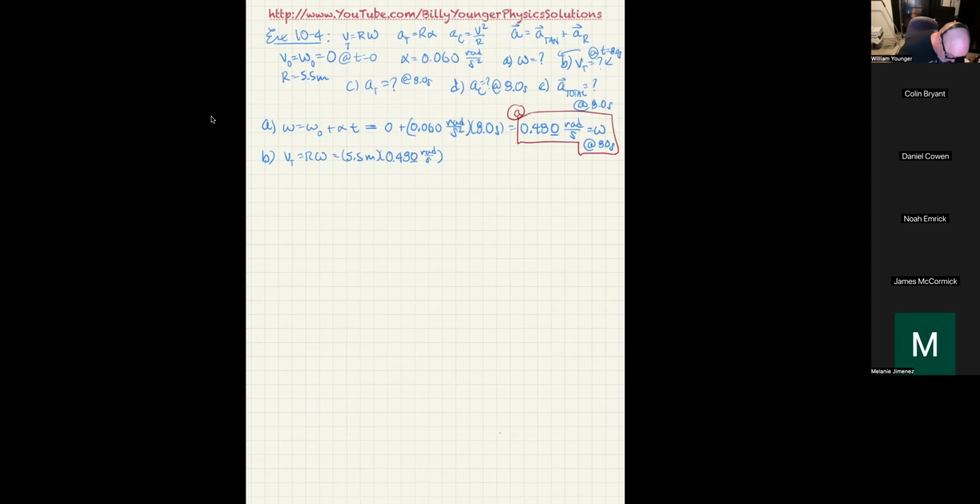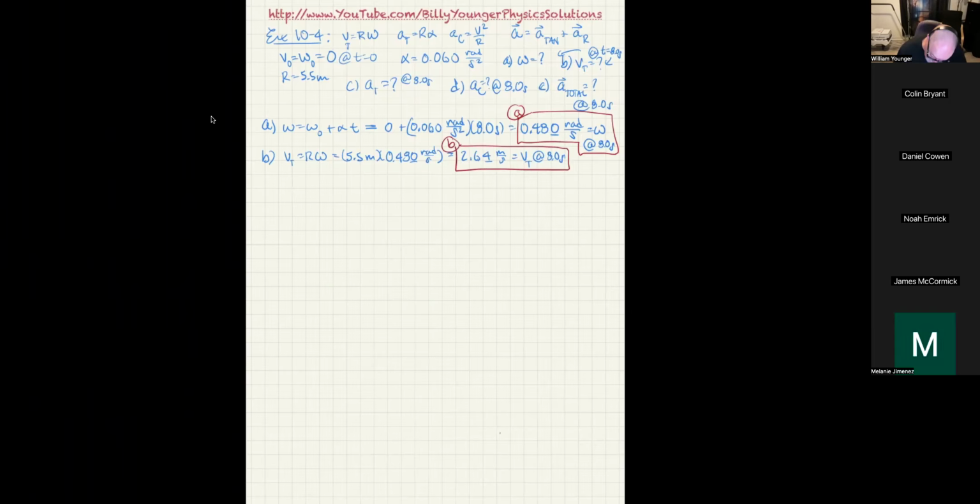So when I do that math, I get 5.5 times 0.48. That gives me 2.64. Notice I'm carrying one extra digit that's not significant. And that's meters per second equals V tangent at 8.0 seconds. So there's part B. Now we go to part C.